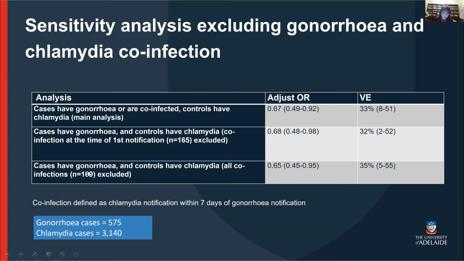But if you do separate out and remove all your co-infection cases, you have a VE of 35%. Now, obviously, all these are very similar and confidence intervals overlap, but perhaps cases of co-infection do reduce the vaccine effectiveness a little bit.